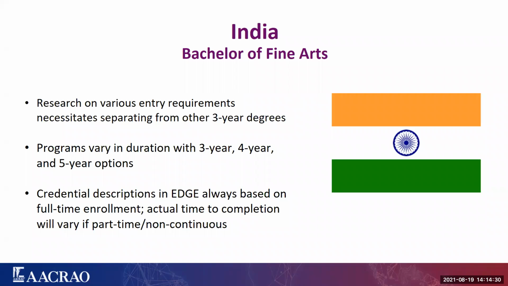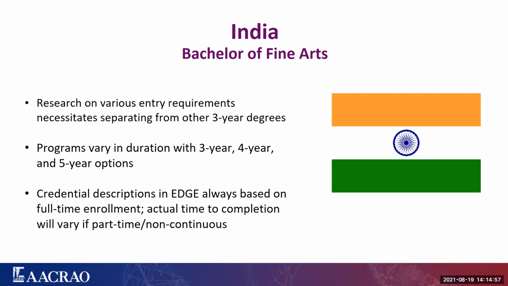So what we did was we pulled out the Bachelor of Fine Arts from the 3-year Bachelor of Arts, Science, and Commerce, and we will be soon writing up and then recommending how to write up the Bachelor of Fine Arts. Please note that once again, there are different entrance requirements for the different degrees. For example, in general, the 3-year Bachelor of Fine Arts requires the higher secondary certificate or standard 12.